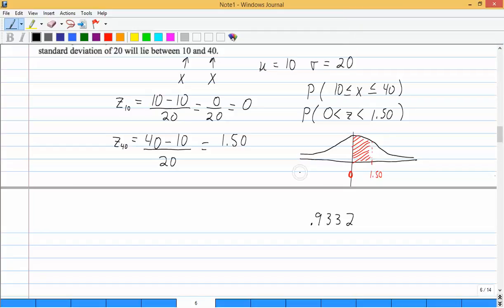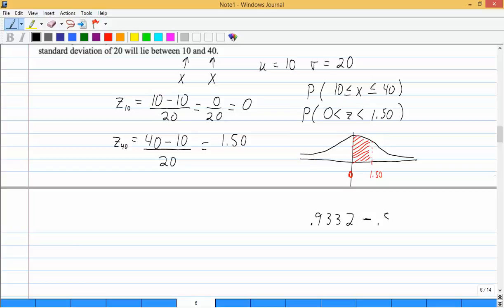0.9332 is the area cumulative from left to right up to 1.50. Then if I subtract the area cumulative left to right up to 0, that will give me the area between the two. And if you look at your z-score chart, at the very top, 0.00, you see you have 0.5000.